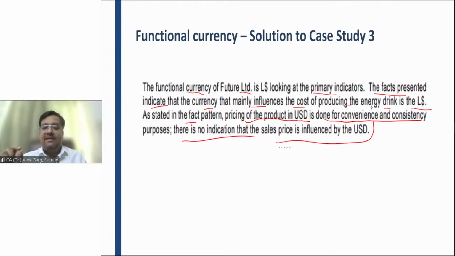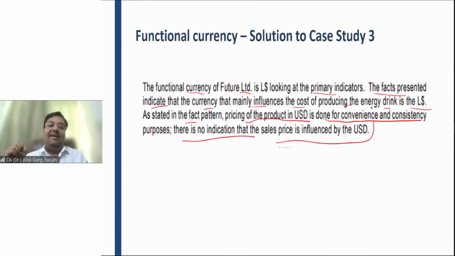Janvi, the sales price is fixed in USD only. The US market is not influencing that sale. Nowhere is it written that the US market is influencing the sale of the entire world, just for the sake of convenience. So Janvi, today I want you to talk to a foreign currency dealer and tell them that I want to go to Bali or Malaysia.